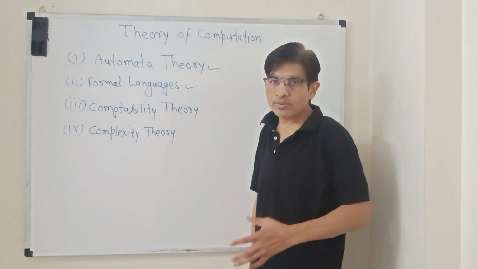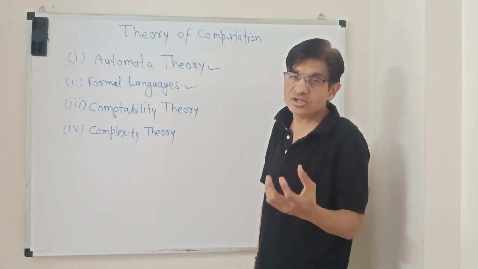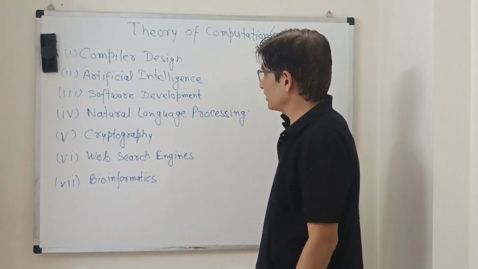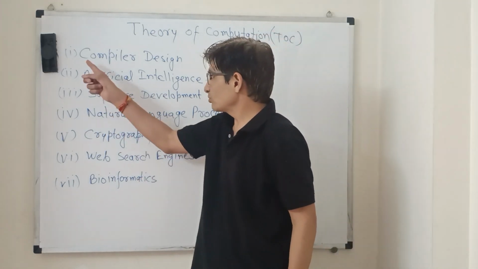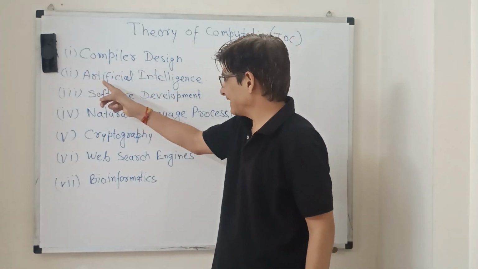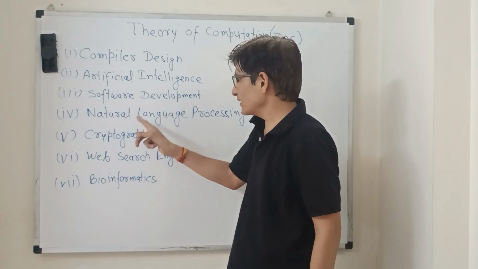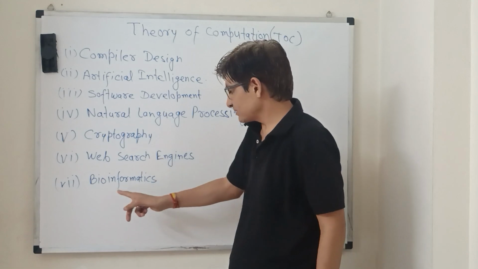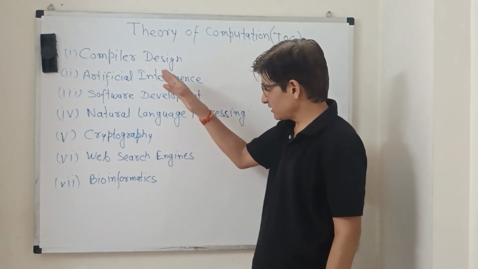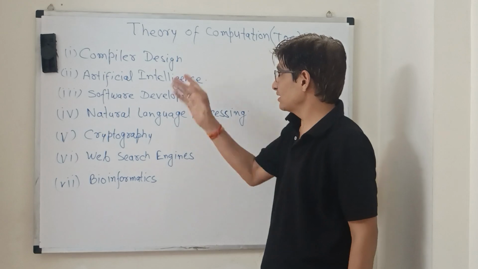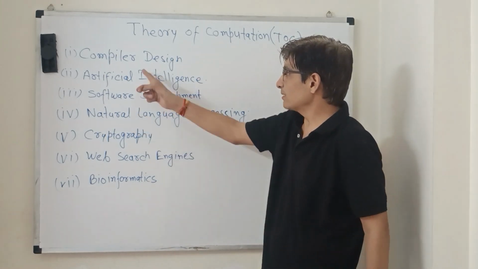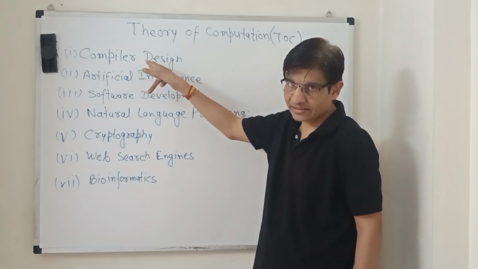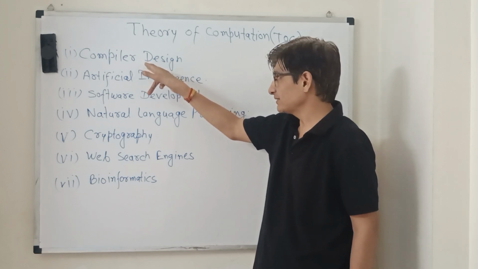Now, if we talk about applications of theory of computation, then these seven areas are the main application areas of TOC: compiler design, artificial intelligence, software development, natural language processing, cryptography, web search engines, and bioinformatics. In compiler design, we use different types of automata for creating a lexical analyzer and parsers.